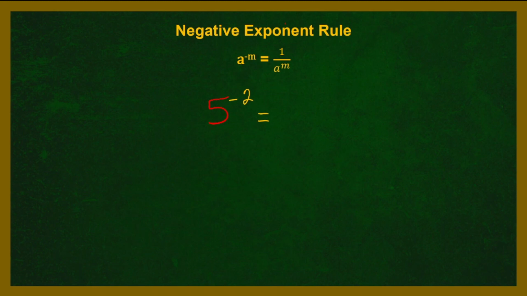So we are going to set up our fraction here, and we'll use 1 for our numerator, and our expression 5 to the negative 2, we're going to move that to our denominator. However, we will change the sign of our negative exponent and make it positive. So now we have 1 over 5 squared.